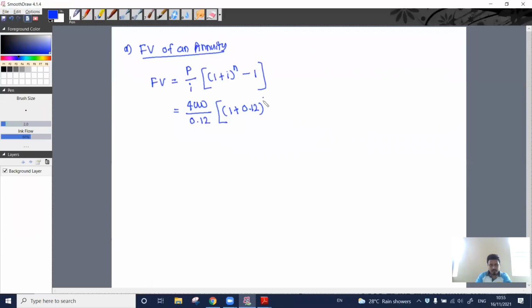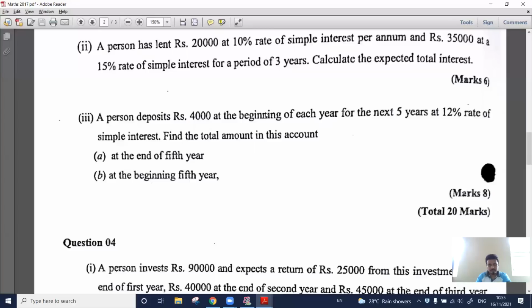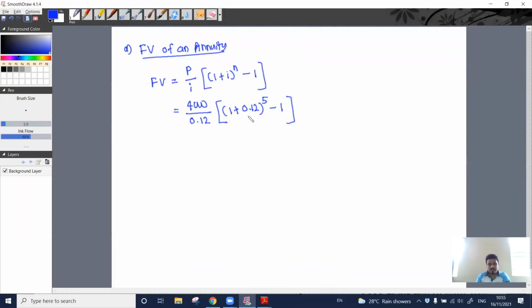The n value is 5, minus 1. What is the answer you will get here? What should be the answer here?